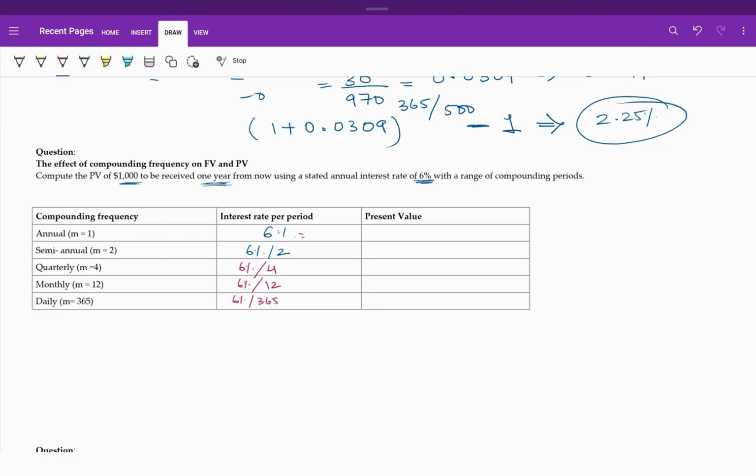Along with present value, the frequency will also increase. So here the time will be 1. The formula: future value is equal to present value times 1 plus rate to the power time. So this rate is going to be divided by 2, and the timing will also change: we are going to divide the rate by 2 and multiply the time by 2.